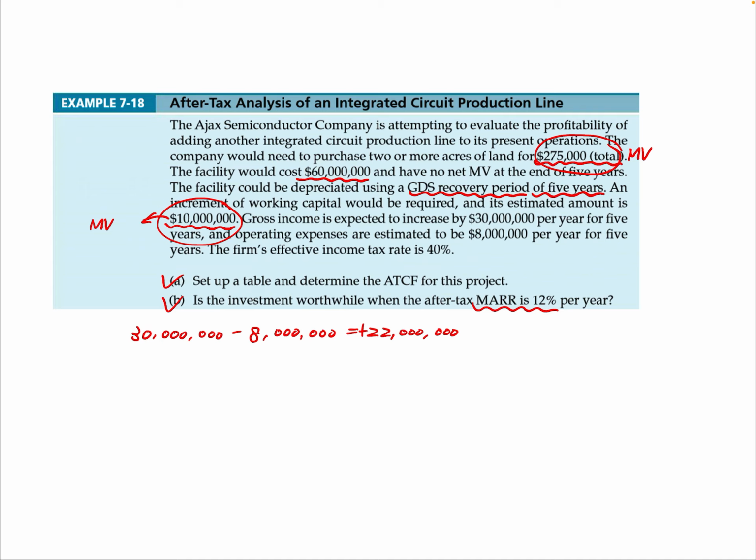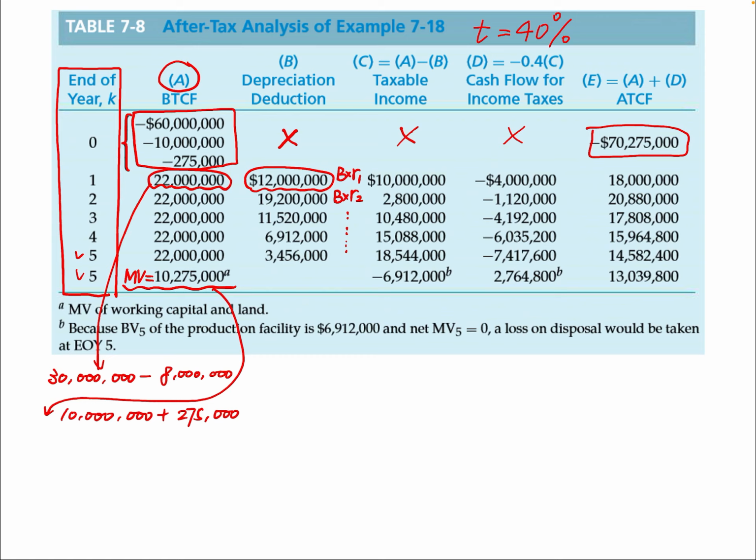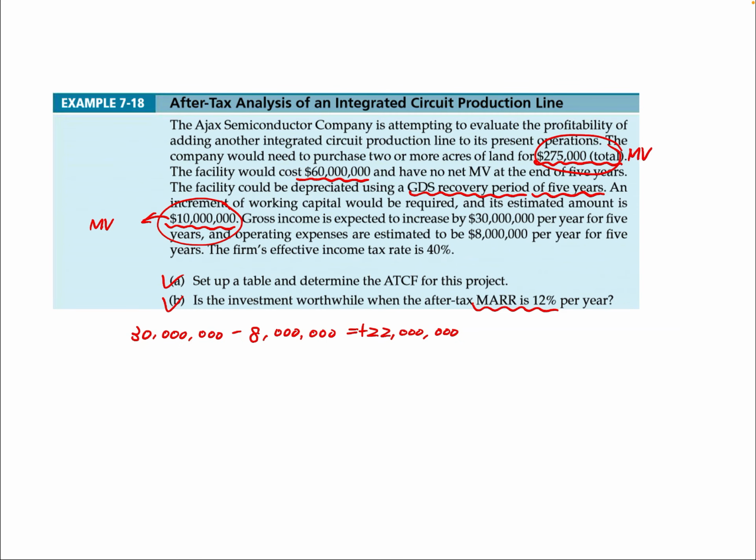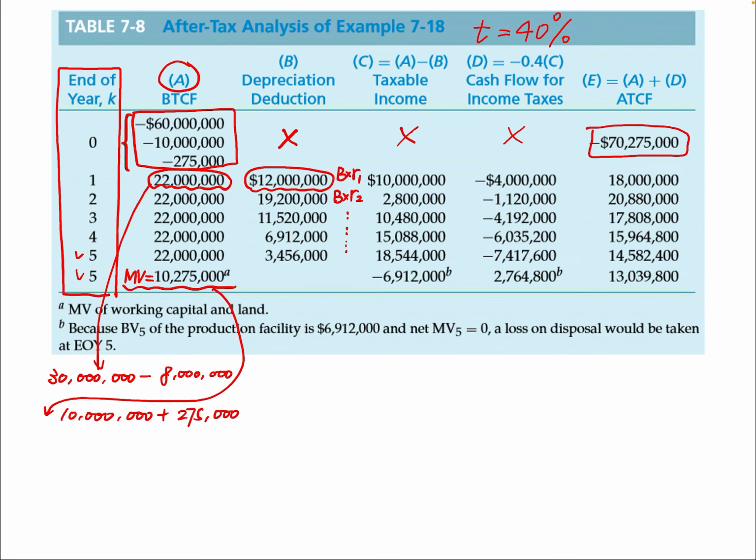Just use table 7-3, and then you have R1, R2, R3, R4, R5 to calculate the depreciation deduction in column B, and those numbers should be positive.